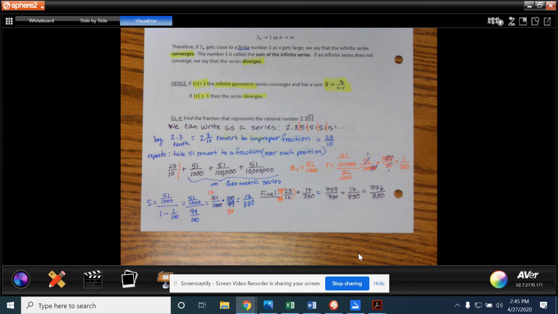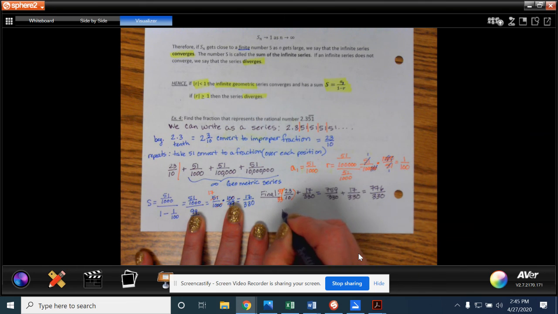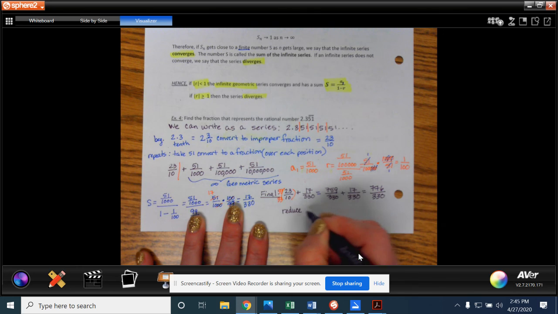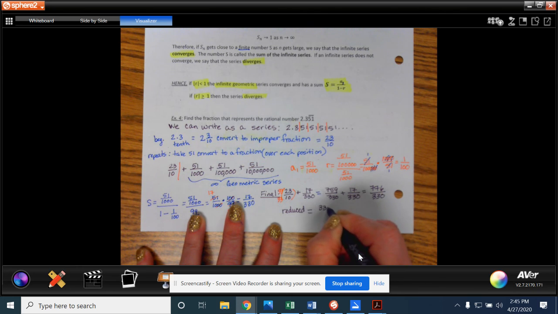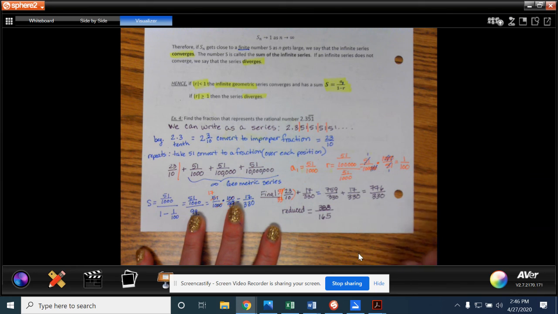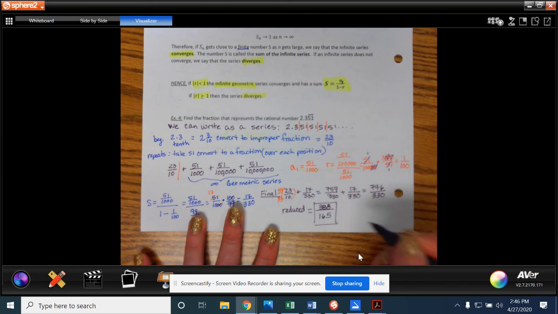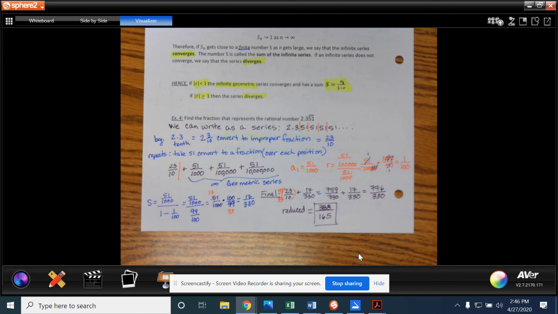I know that it can be reduced at least by 2. And I have that reduced, and that would equal 388 over 165. Now it doesn't reduce anymore. That's as far as it goes, and that would be the fraction that represents the rational number.